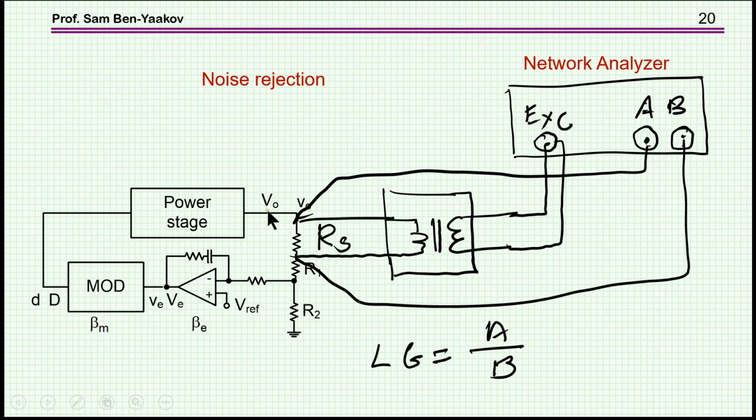Now, obviously, the voltage here, if you look at it, is very noisy. I mean, aside from the injection that goes all the way, and you see it here, there is a ripple here. It could be fairly high. So the analyzer is supposed to be able to extract, with, you might say, a very fine filter, the frequency of excitation, and then to look at the amplitude and phase of this value here and here.